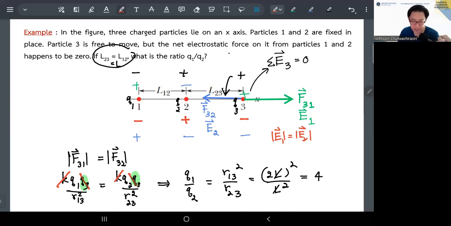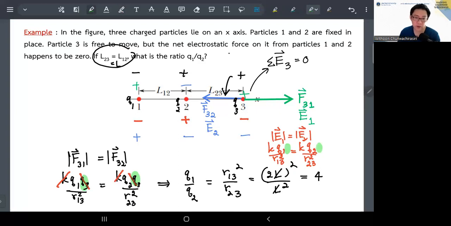It's just k times the charge generating the field divided by the separation, right, squared. It's still the same separation, R13 anyway. Must be equal to k times Q2, divided by the distance from charge number 2 to the location that you want to calculate the field, squared. You see that? This is exactly the same equation as the one that you just saw when you already canceled the Q3 out.